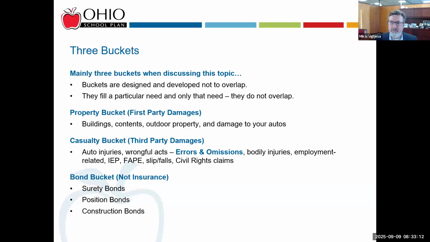Also bodily injuries, employment related matters, failure to educate, IEP, civil rights, slips, trips, and falls, all the damages for third party claims. And then the bond bucket, which is not insurance, includes surety bonds, position bonds, and construction bonds, which many of you may be familiar with because of your building projects and your experience over the years.